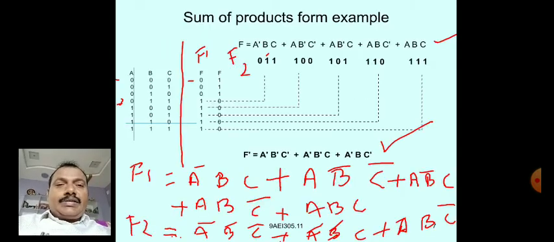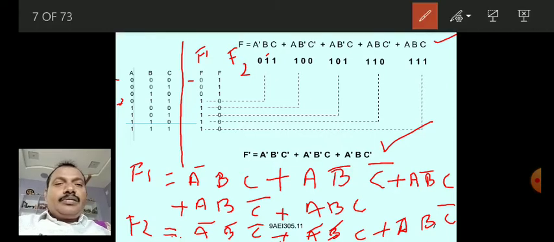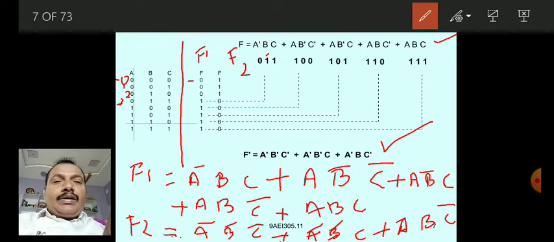For example, remember this is the truth table. 000 means it is 0. 001 it is 1. 010 it is 2. 011 it is 3. 100 it is 4. 101 it is 5. 110 it is 6. 111 is 7.